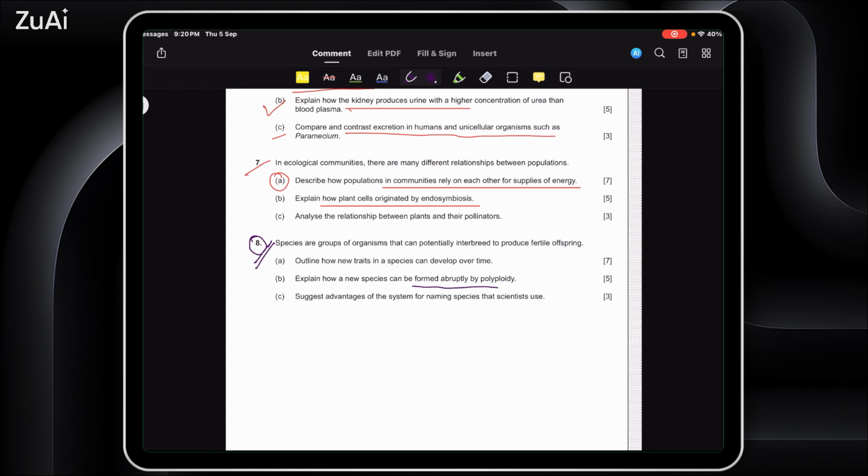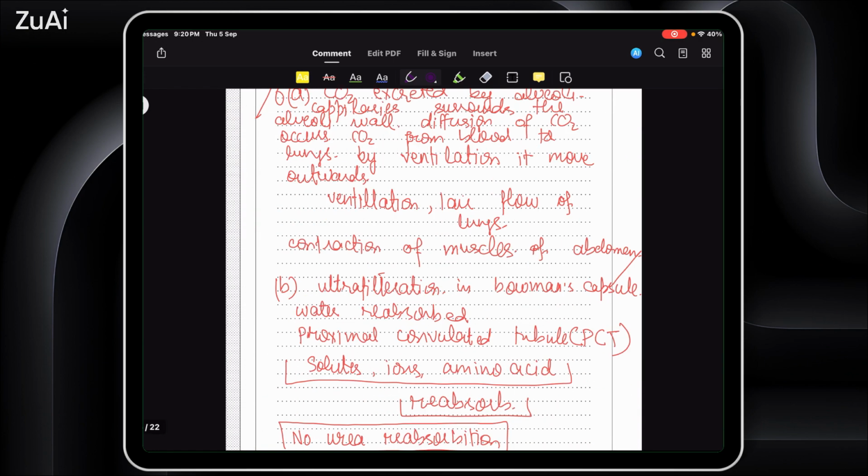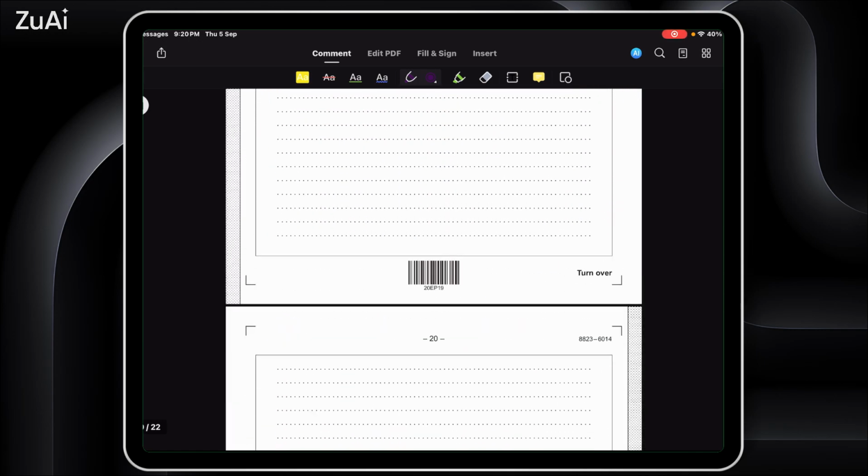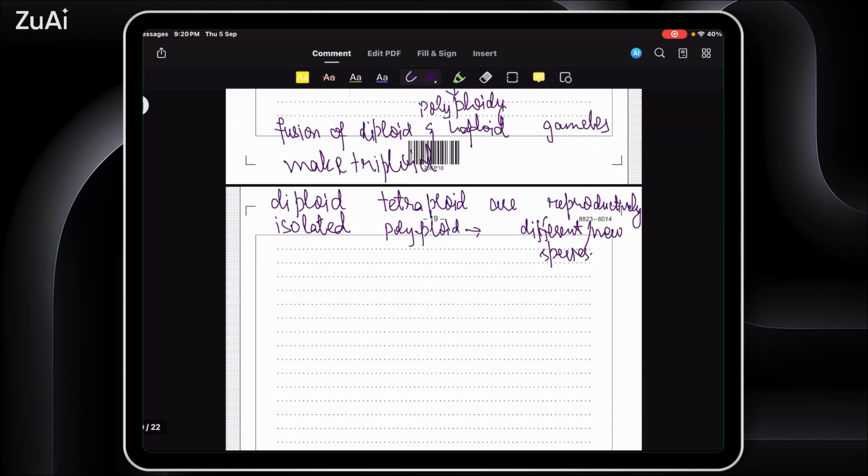And advantage of some system for naming species that scientists use. So you know the binomial system, in binomial system there are two names.